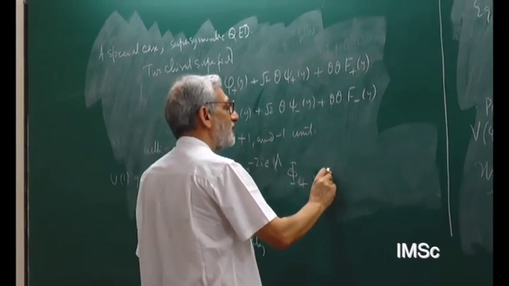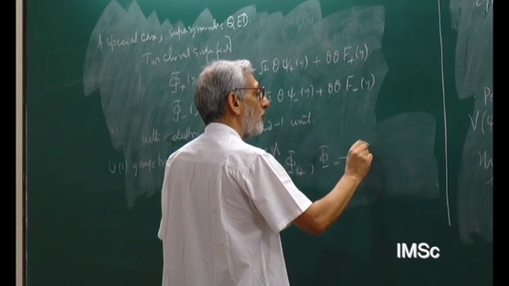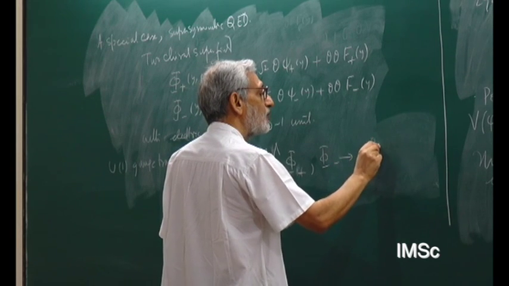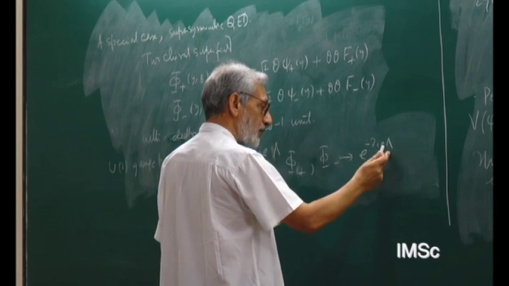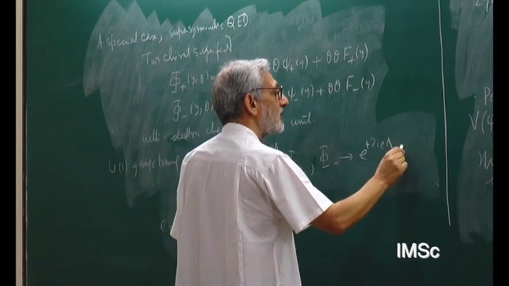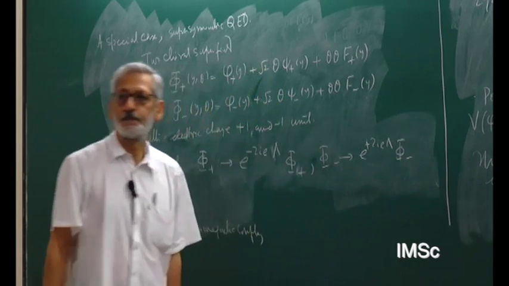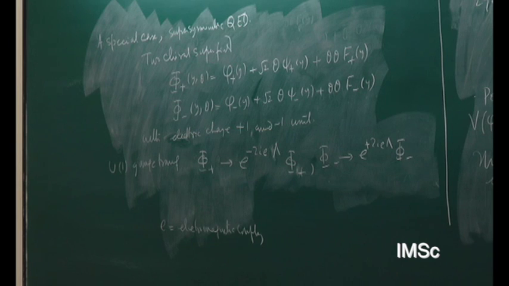And phi minus will transform as minus 2i lambda times the charge of phi minus, which is minus 1, so it will become plus. That's how under U(1) gauge transformations these two objects will transform.